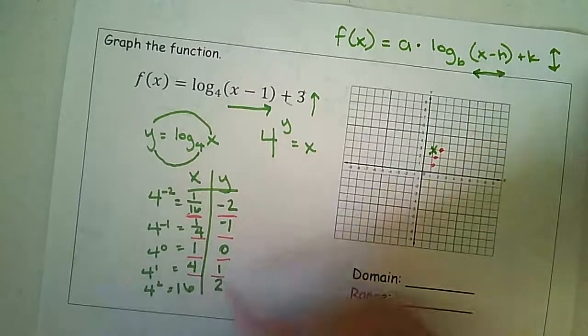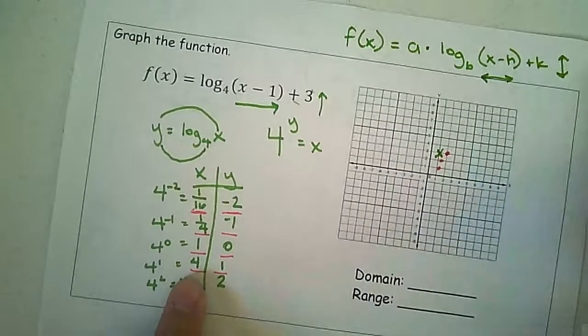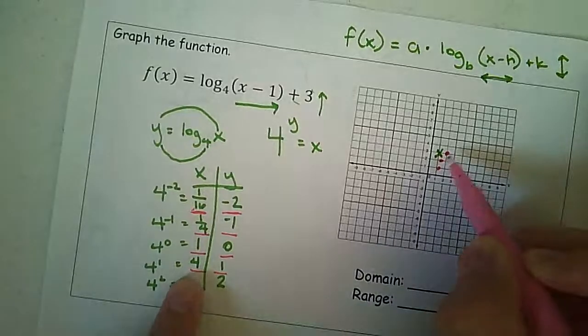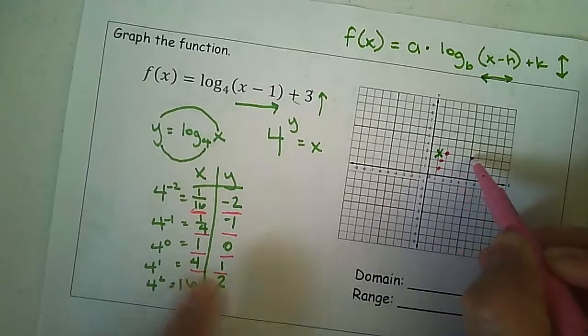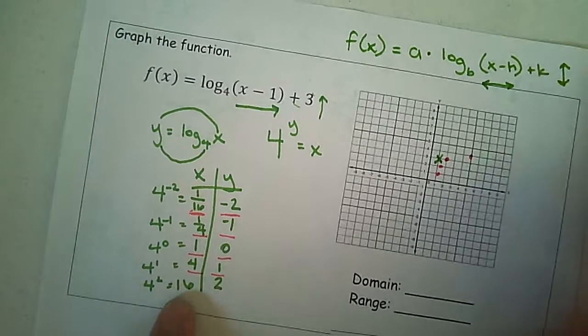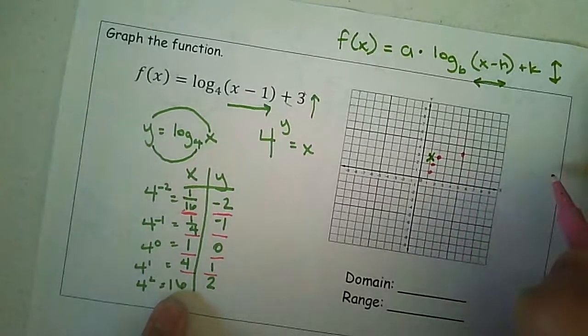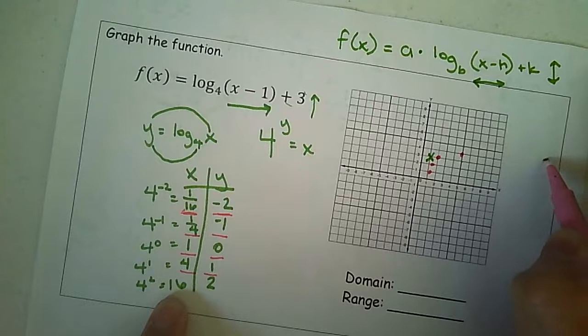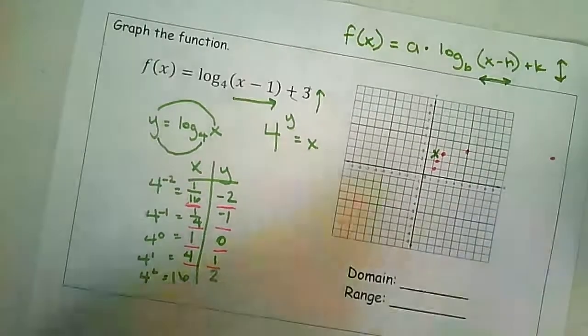This one's saying I need to go right 4, 1, 2, 3, 4, and up 1. And lastly, I need to go right 16, which is going to be way off my graph, and up 2, someplace over there.